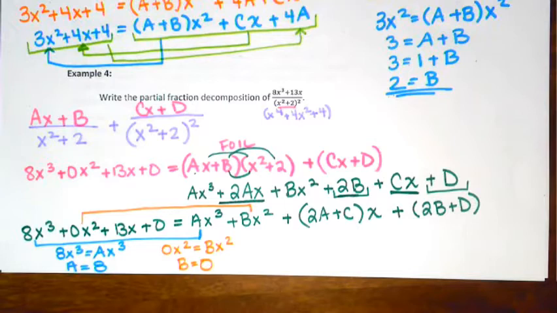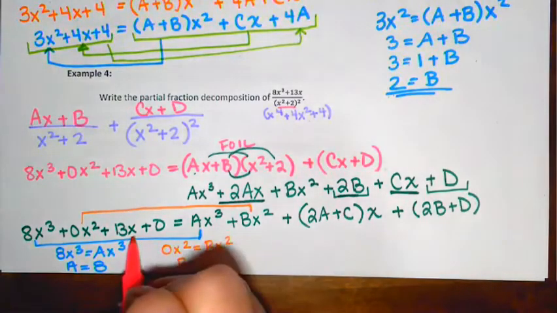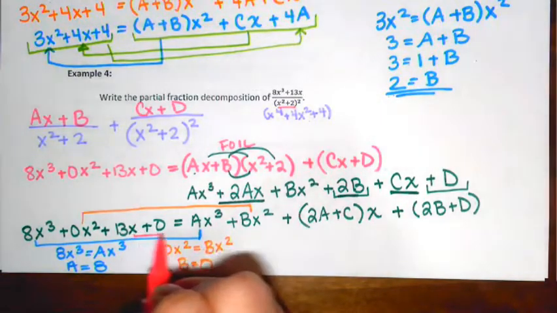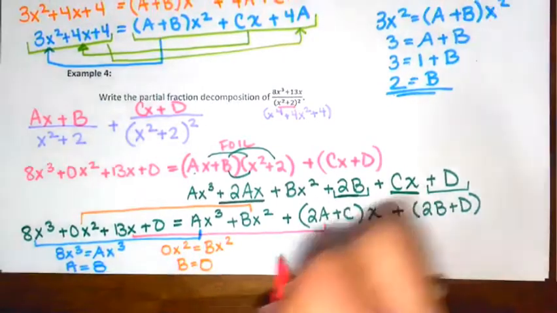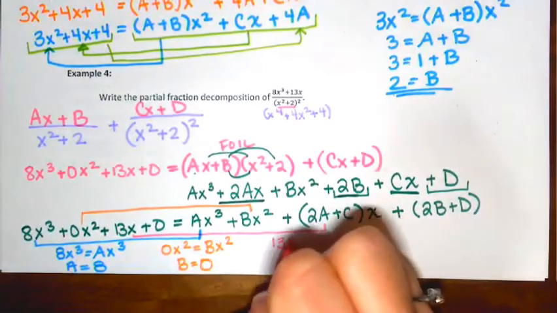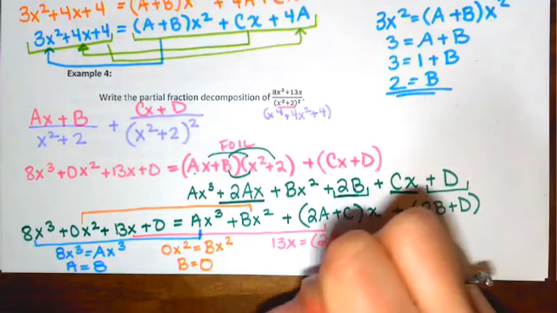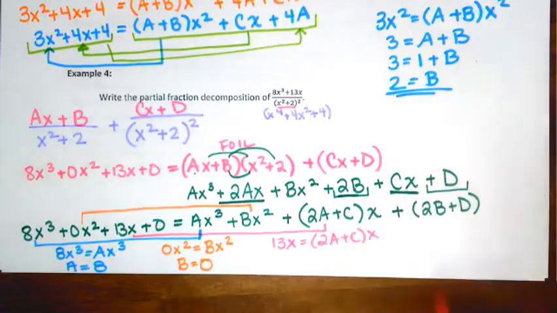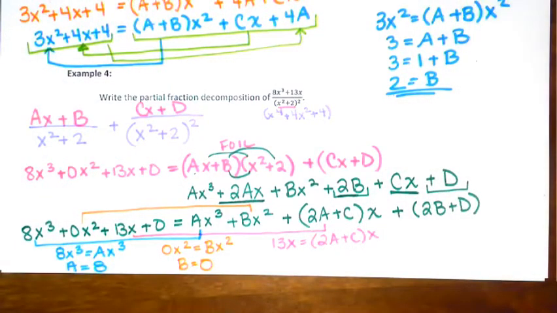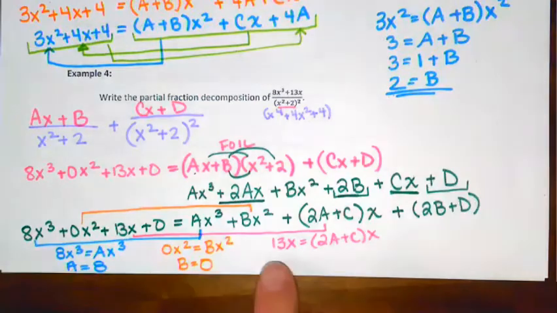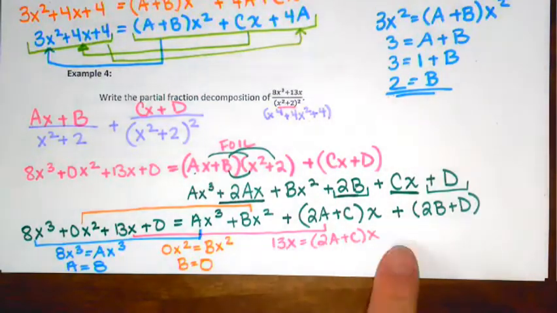Yeah. Okay. And then we have 13x. Doesn't 13x equal this, 2a plus c times x? And what do you guys know? A and B, right? So what happens to these x's?